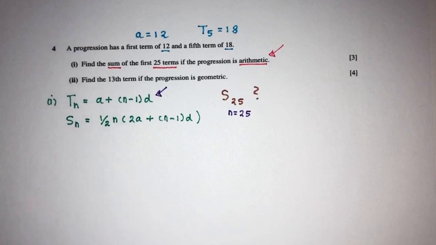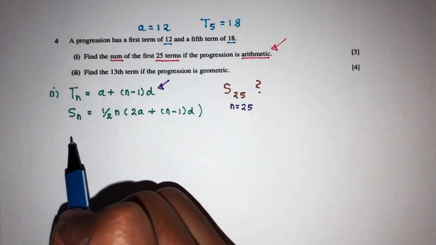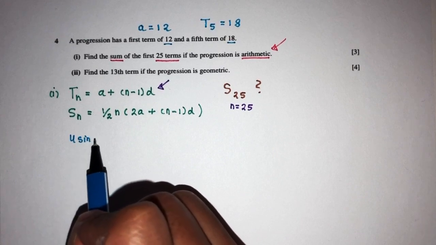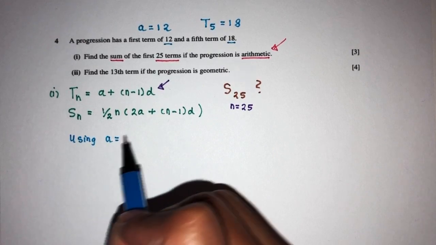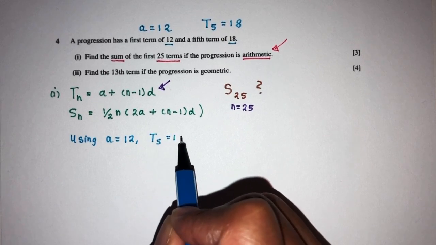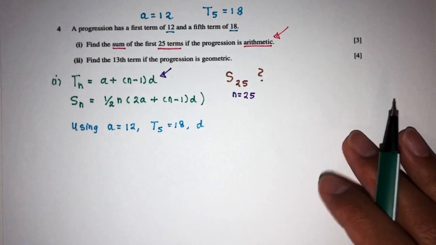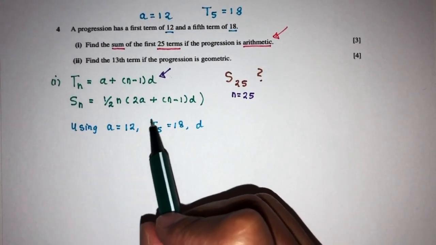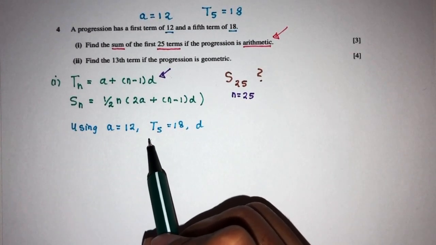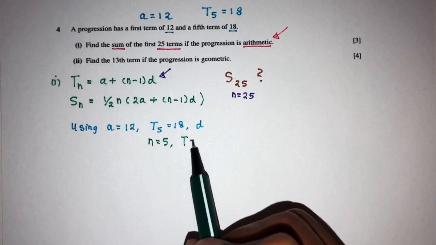So let me use this one, because we know the fifth term is 18. Let me write this down. Using the fact that a, the first term, is 12 and the fifth term is 18, we are going to find the value of d first. The fifth term is basically when n is equal to 5, the term is equal to 18.